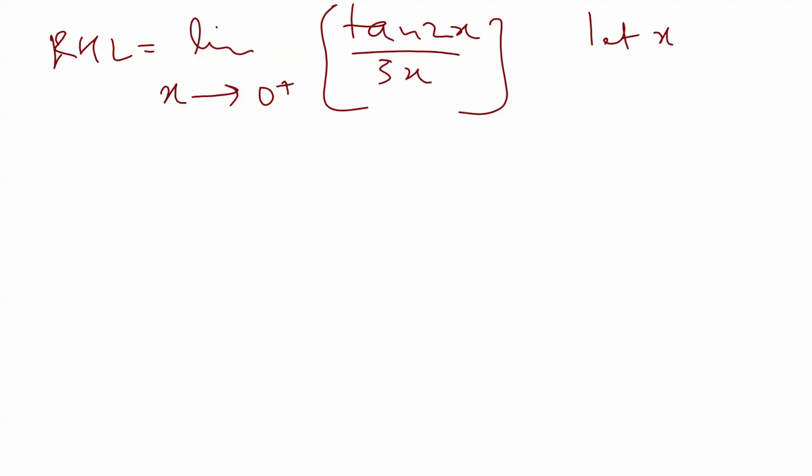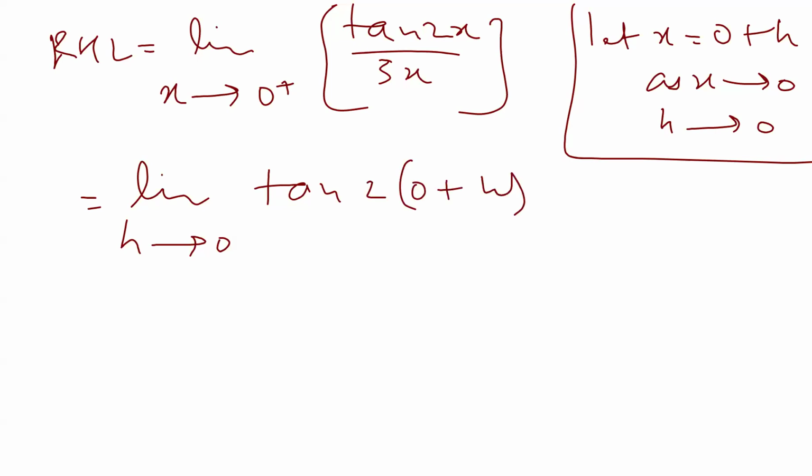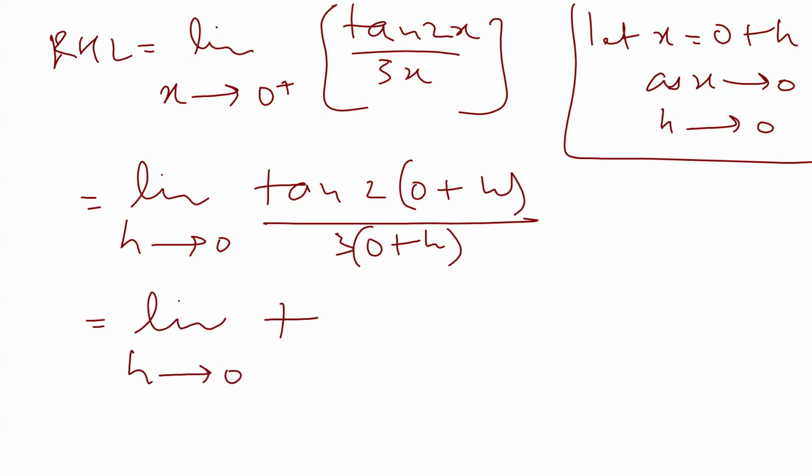Let x be equal to 0 plus h. As x approaches 0, h will also approach 0. So limit h approaching 0, tan 2 into 0 plus h upon 3 into 0 plus h, which is limit h approaching 0, tan 2h upon 3h.